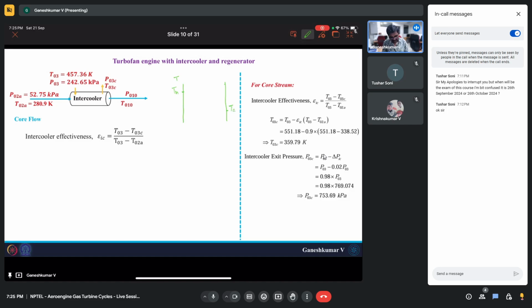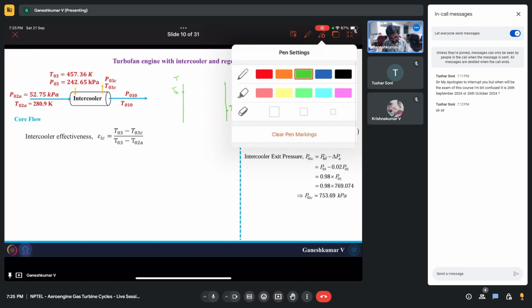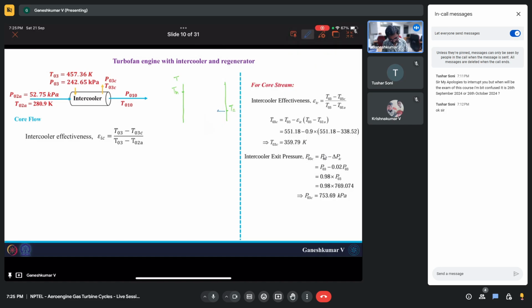There is a cold stream entering and a hot stream entering, in opposite directions, for example. When the hot stream enters, what is the temperature with which it leaves? Obviously some temperature will reduce, and similarly for the cold stream the temperature will rise.